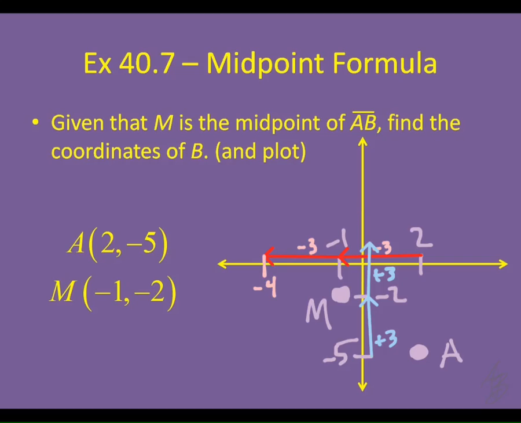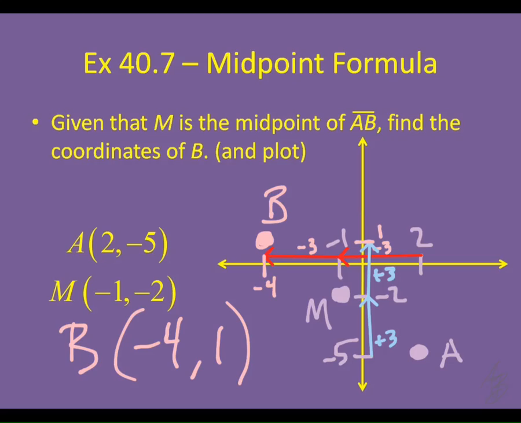So we go up 3 to go from -5 to -2, so we go up another 3 and we get to +1 on the y-axis right there. I know there's a lot of stuff going on here now, but that means that our other endpoint B is going to be at 1 on the y-axis and -4 on the x-axis. So B is going to have the coordinates -4, 1.